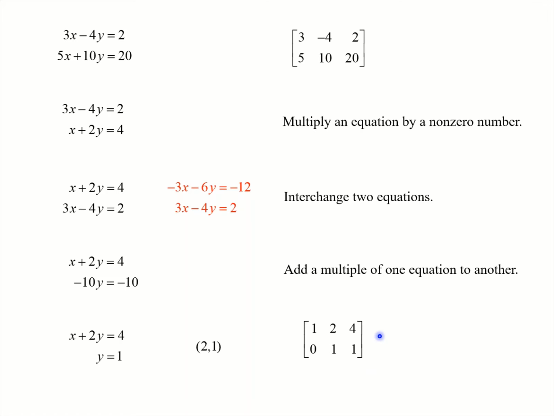Now, some of you might think, why would you do this? Because your system might be like a 3 by 3 or a 5 by 5, and there's no way you want to be doing all this stuff. You'd rather just work with a nice, clean augmented matrix and do three kinds of elementary row operations to get your matrix into a form that you can actually solve the system.